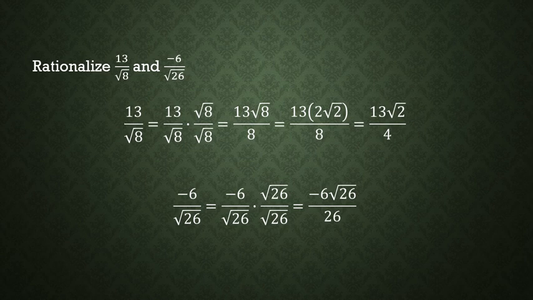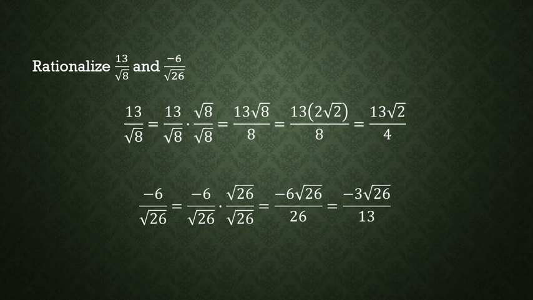Now the square root of 26, we can't pull any nice square out of that. So we're just going to leave that radical as is. But between 6 and 26, we have a common factor of 2, which we can pull out. So that gives me negative 3 times the square root of 26 divided by 13.